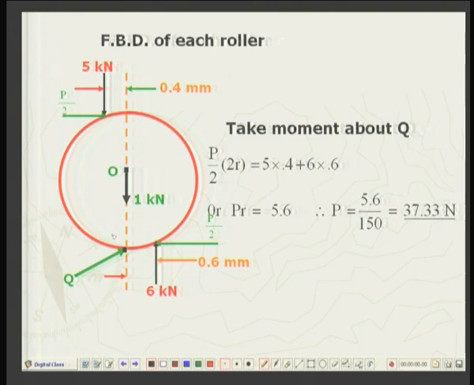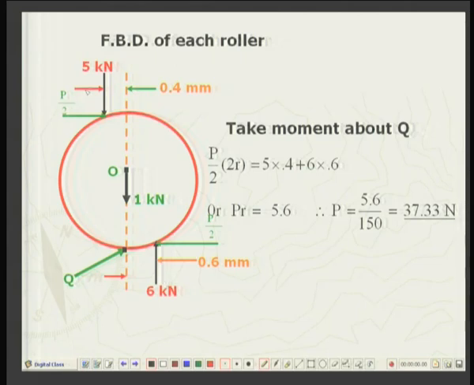On the lower side, this point is in contact with the ground, and the coefficient of rolling resistance is 0.6 millimeter. So the distance will be 0.6 millimeter. The weight from the plank coming to the wheel is 5 kilonewtons. 1 kilonewton is the weight of the wheel itself. So the 6 kilonewton downward has to be supported from the ground. So the vertical component of the reaction will be 6 kilonewton.